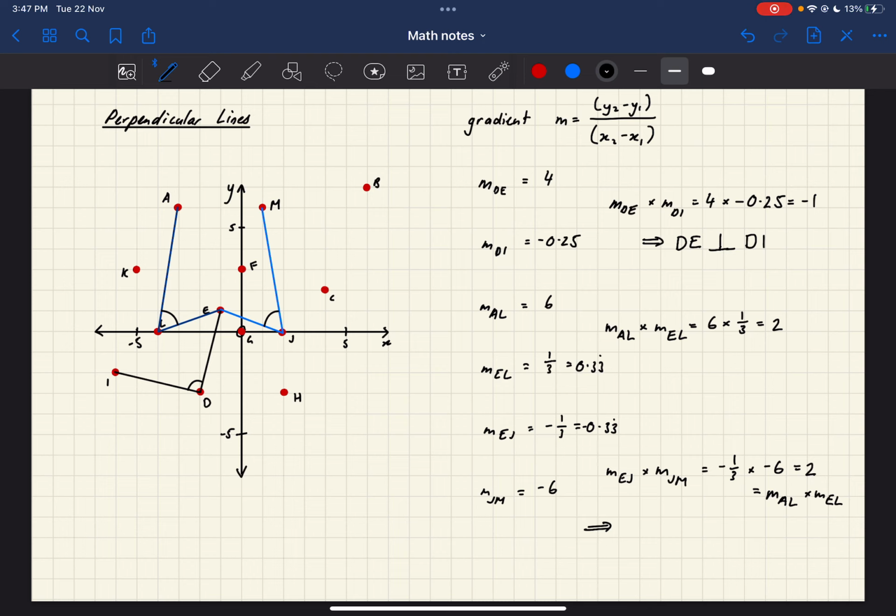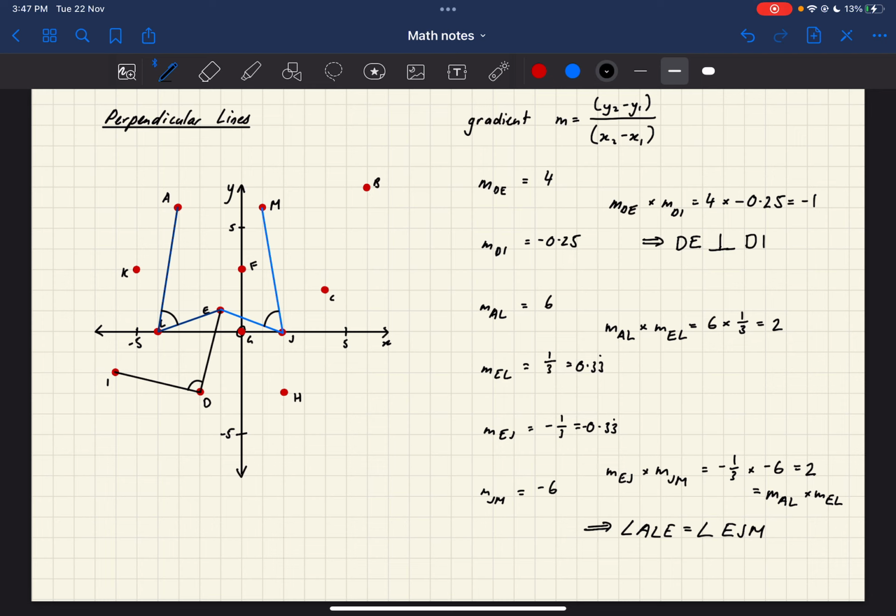Therefore, the angle of ALE is equal to, did I say the gradient? I meant the angle of ALE is equal to, actually, change that. Angle ALE is equal to the angle of EJM.